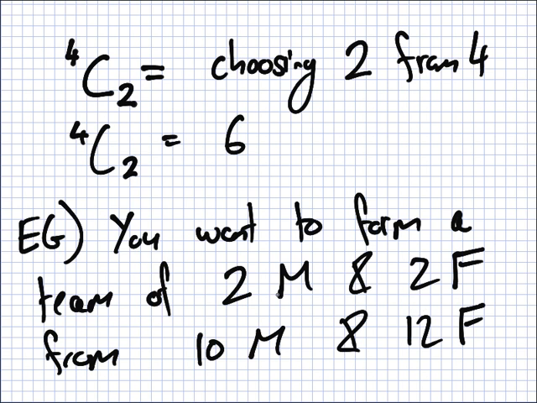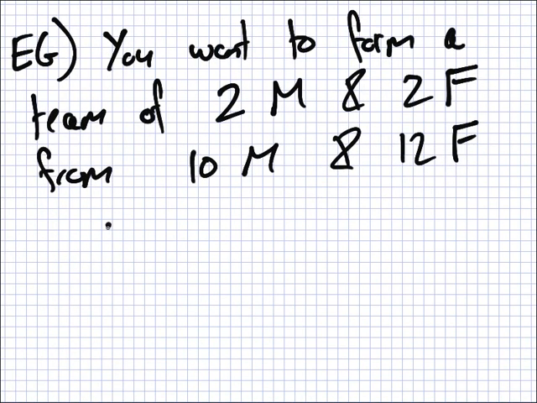Here there's actually 2 selections going on. You first choose 2 men from your 10, and then you choose 2 women from your 12. So this calculation would be 10 choose 2, and then 12 choose 2. And you multiply.